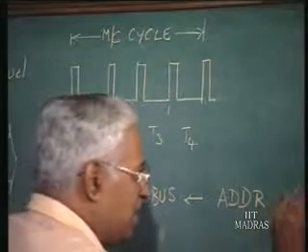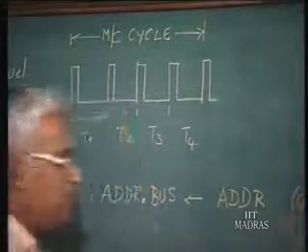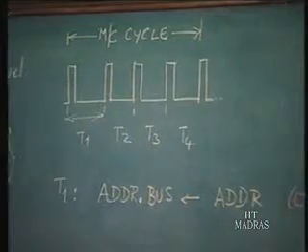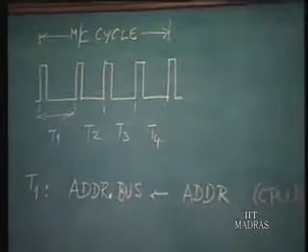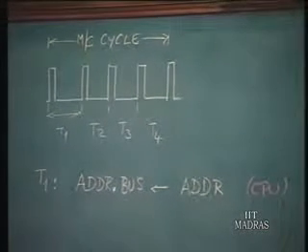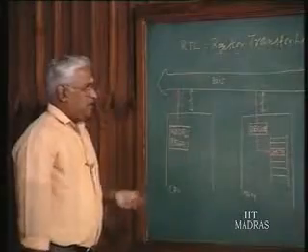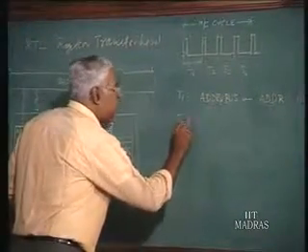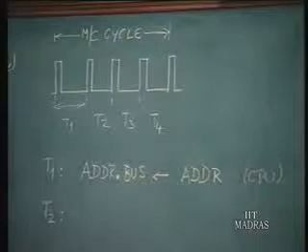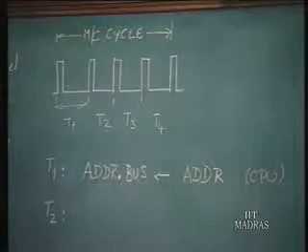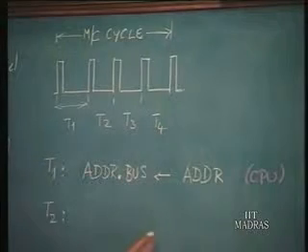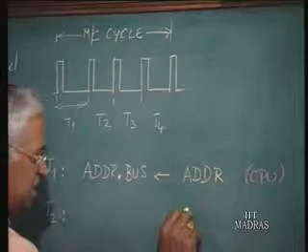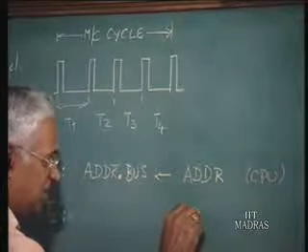So this is actually the activity of the CPU. The CPU has placed the address on the address part of the bus, and we also saw in the previous lecture that during T2 the CPU is generating a control signal. We just called it a read control signal.